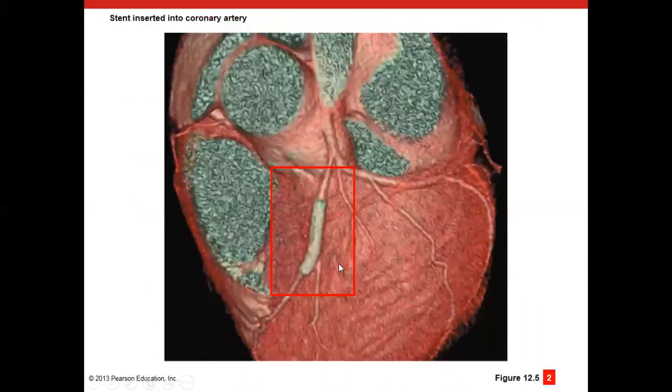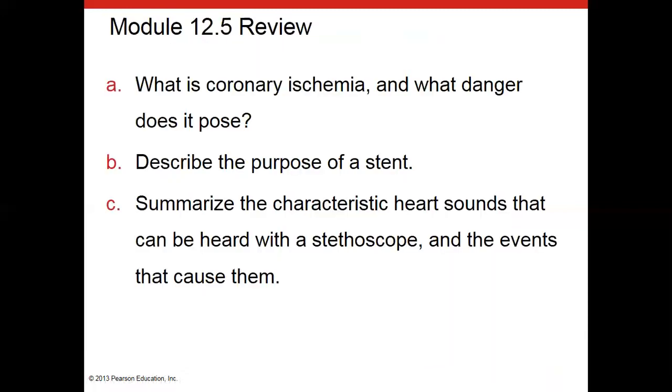And there's a picture here. Right there is a stent. So this would have been where blockage had been previously. And that looks like the right coronary artery. And that stent just keeps the vessel open so that blood can continue to flow through it and provide oxygenated blood to the wall of the heart.